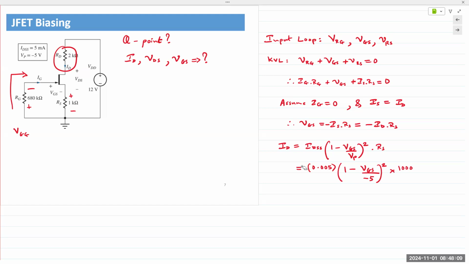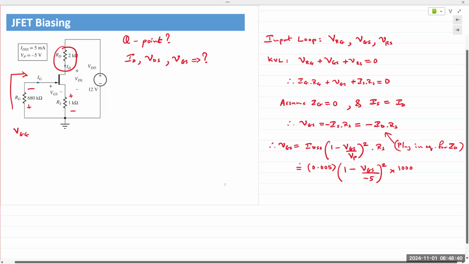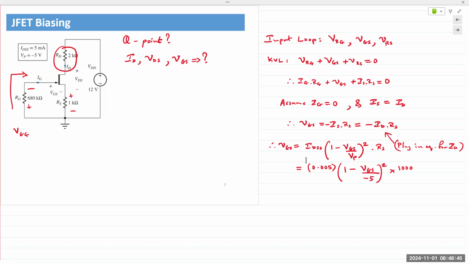ID is IDSS times 1 minus VGS over VP, and so we plug it into that equation. This equation is for VGS. So now we have a square, so we are going to have a quadratic equation.